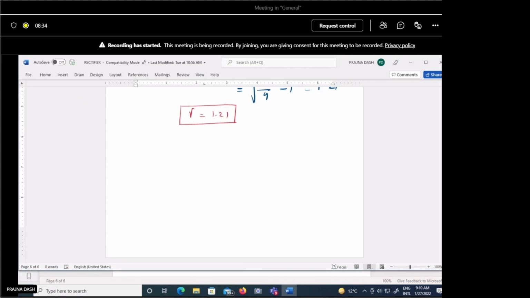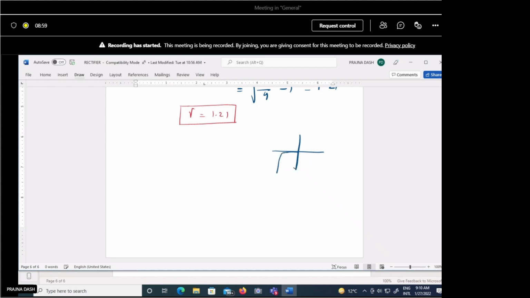Because you know from the VI characteristics, in reverse bias the current is initially very small, or negligible. After that it enters the breakdown region, producing a huge amount of current.